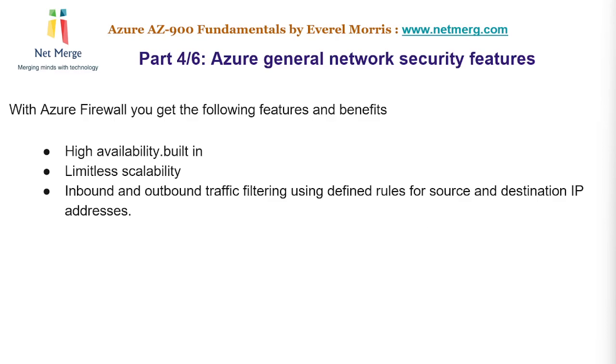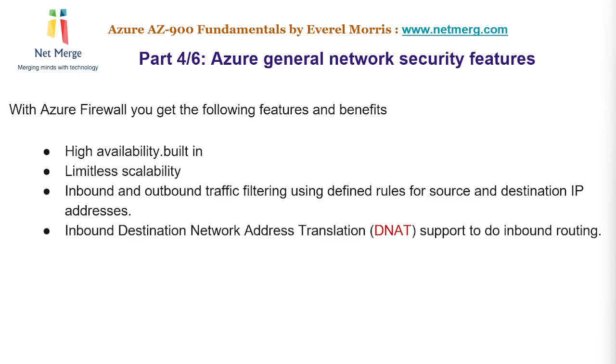Inbound and outbound traffic filtering using defined rules for source and destination IP addresses. That's what I just mentioned. You could block known threats from IP addresses permanently. You could open IP addresses that you know are coming from reputable businesses. So you have all that control with the Azure Firewall.